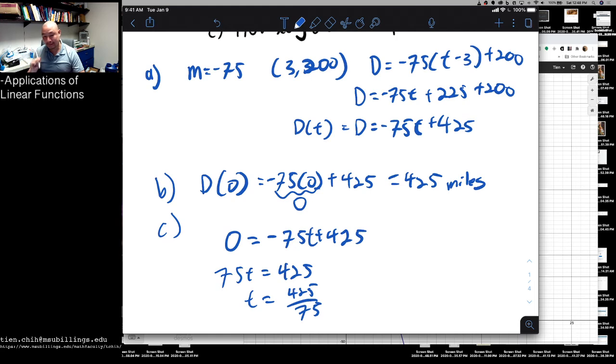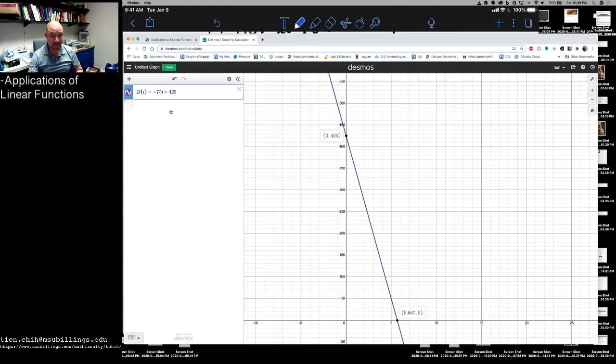Now, there's quite a bit of cancellation that one could do here. You could, for example, divide the top and bottom by 25. That'll leave you a 3 in the denominator. On the top, that'll leave 17 in the numerator. But there's no reason to go through all of that if you don't feel like working out all that arithmetic. What we're looking at is 425 over 75.